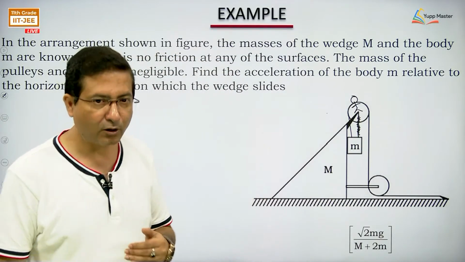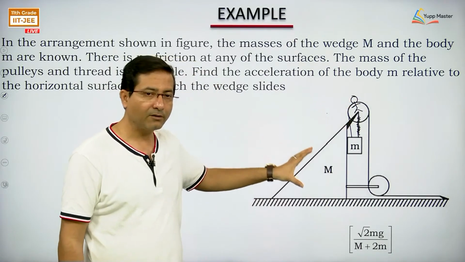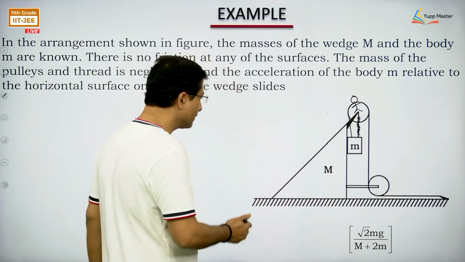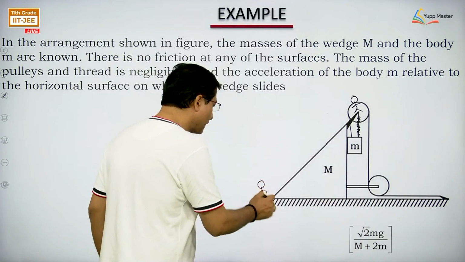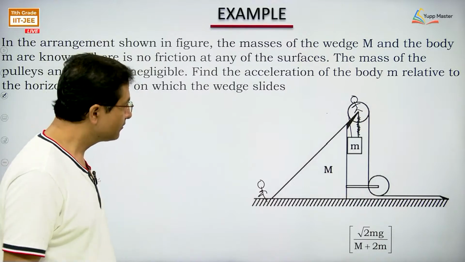So the block I will observe from the pulley frame, and the wedge I will observe from the ground frame, like what we did in the previous case, same thing, right?